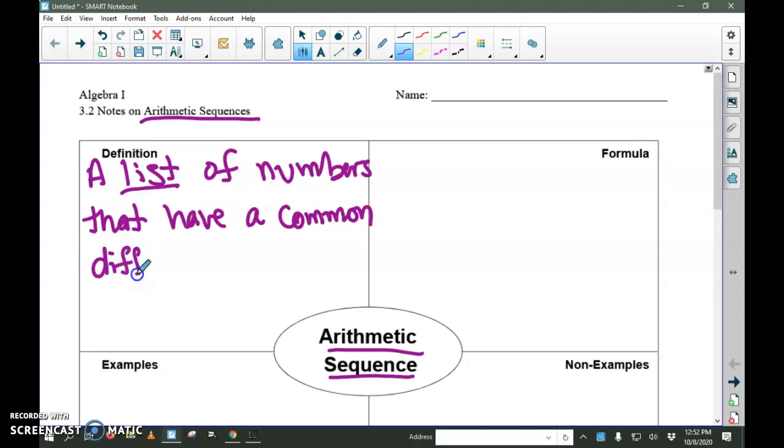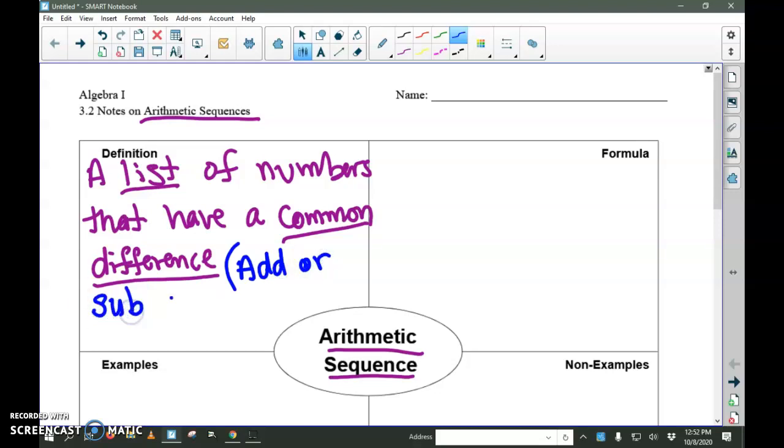And when I say a common difference, I'm talking about that number that you are adding or subtracting in order to create that list. So you add or subtract the same value to produce the list or sequence.